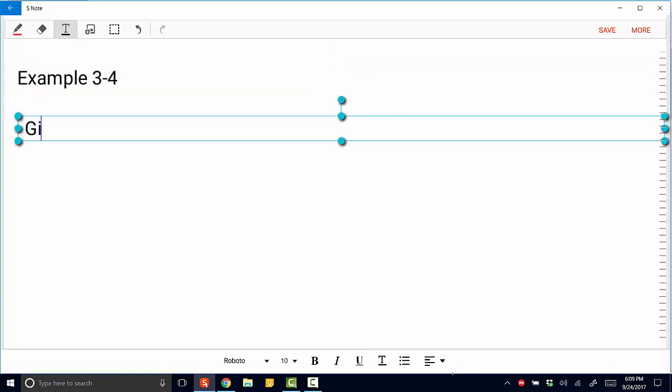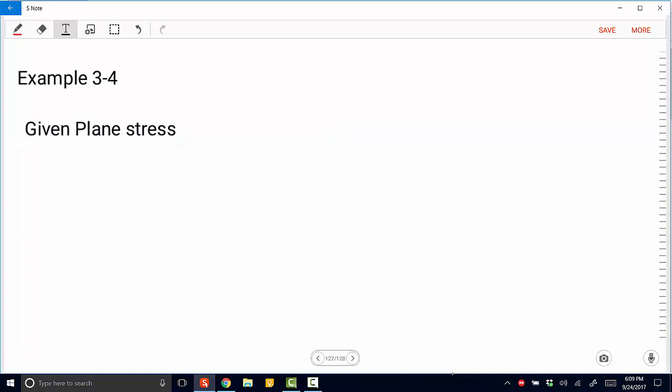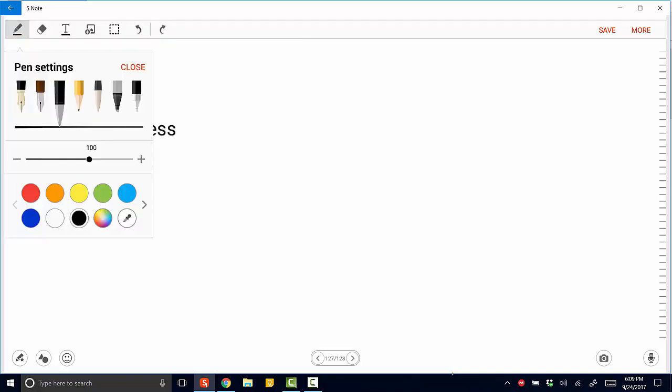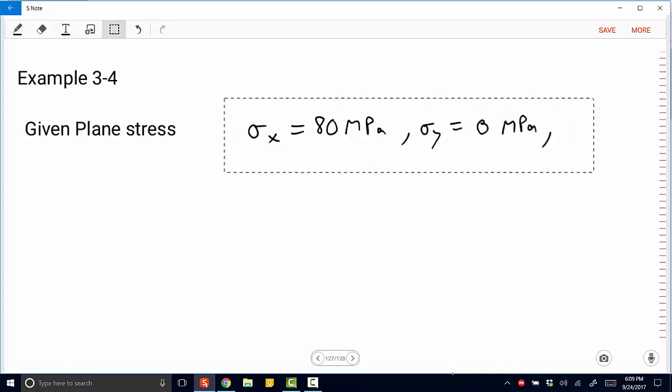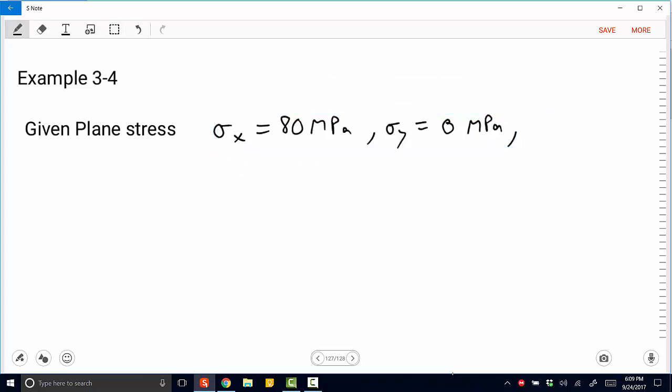In this example, we are given a state of plane stress where sigma x is equal to 80 megapascal, sigma y is equal to 0 megapascal, and our tau xy is equal to 50 megapascal clockwise.